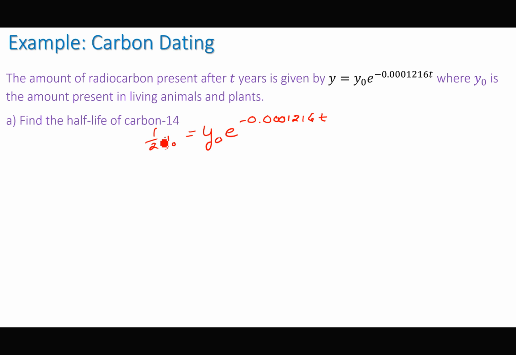All right, same setup. We have 1/2 times y sub 0 equals y sub 0 times e. If we divide y sub 0 from both sides, we don't have to worry about it. So now all we're left with is 1/2 equals negative 0.0001216 t. We have an exponential, solve for that unknown in the exponent.